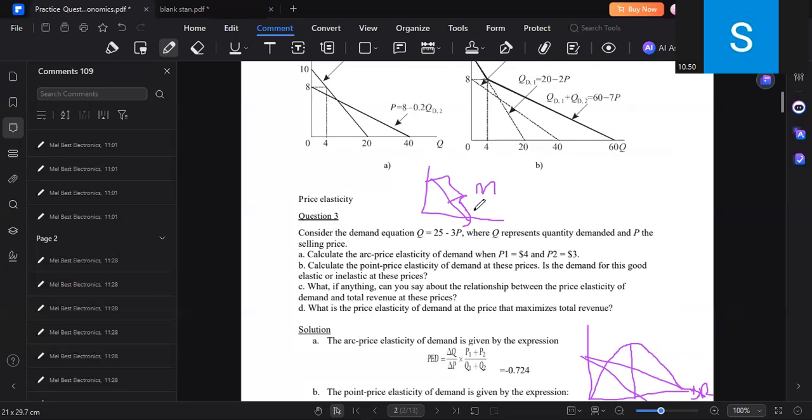As you decrease prices here, demand is inelastic. As you increase your prices, demand is elastic. So this is the relationship I wanted you to know. You should read about it as well. Elasticity is a very important component in economics because it helps us understand the relationships that exist between our prices and quantity demanded.